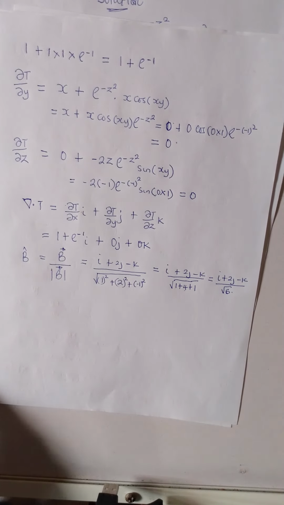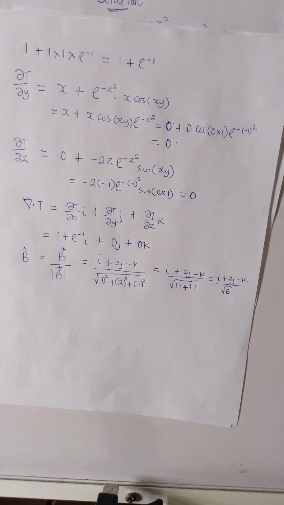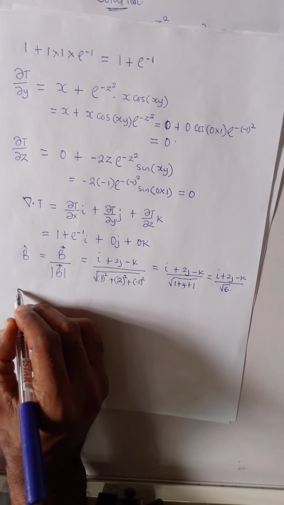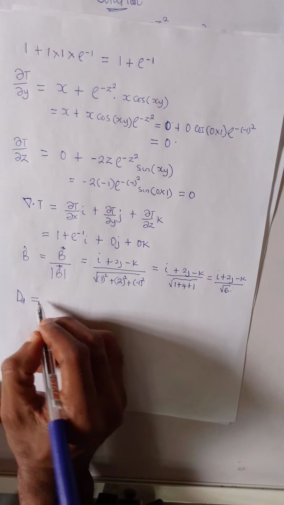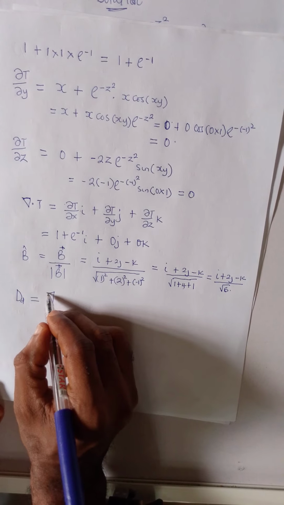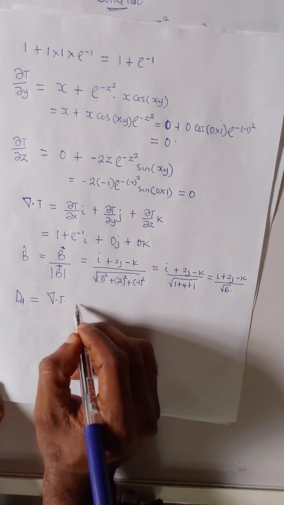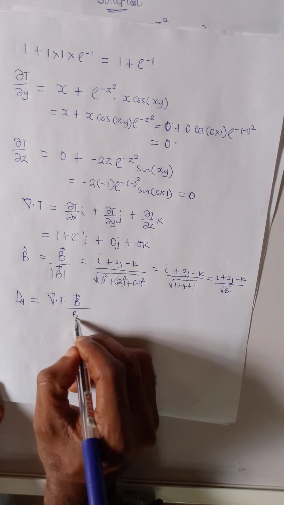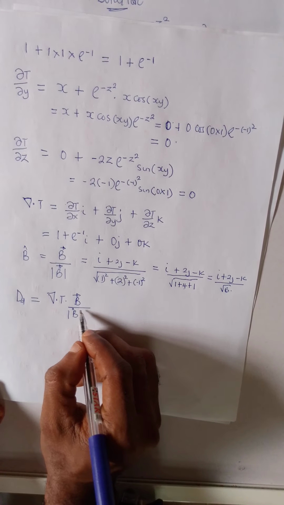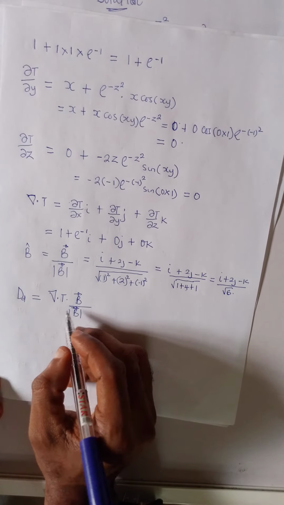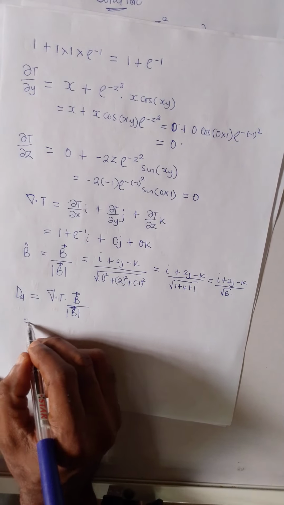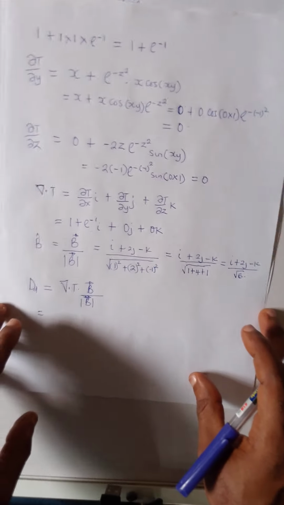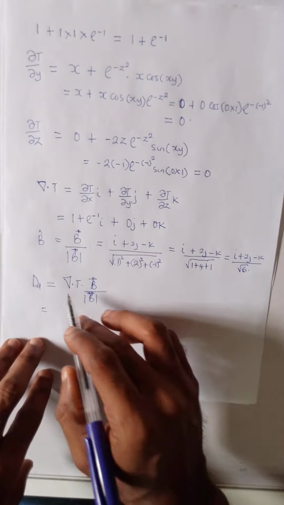So this means that we can now bring in the formula for our directional derivative, which is equal to the operator of the temperature times the value of the unit vector of B. And so if we have to express this mathematically, the value of our operator is this.